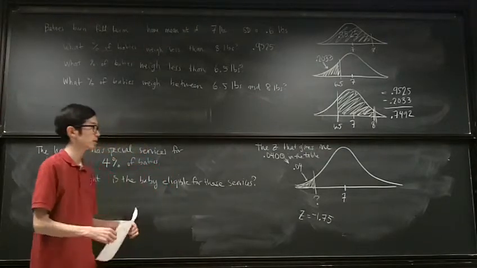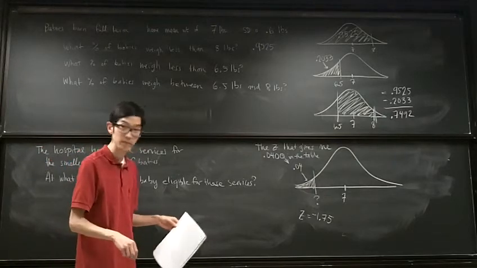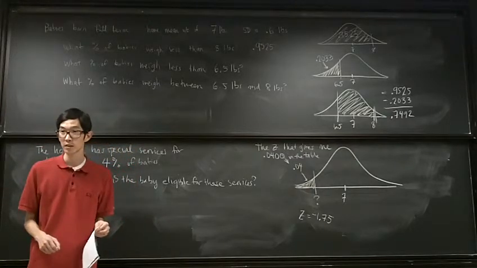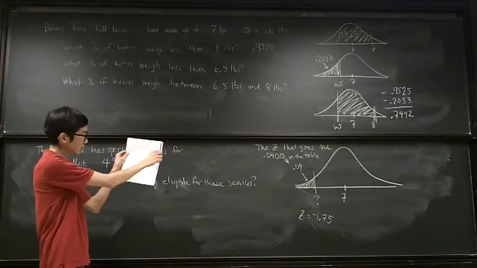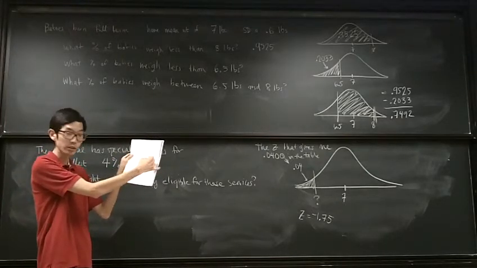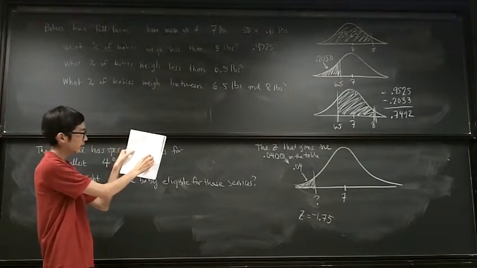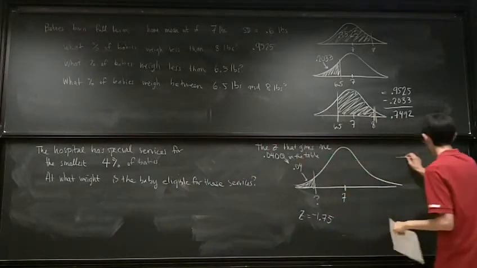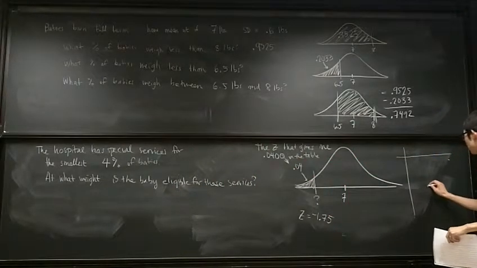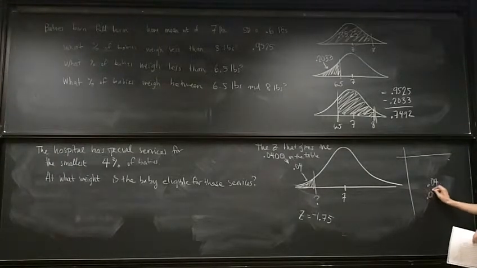That's very important that we understand that. There's a whole bunch of numbers, and I'm looking for the one closest to 0.04. It's around right in the middle. The closest number I can find is 0.0401.